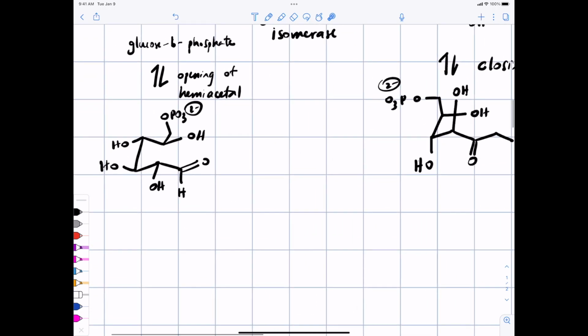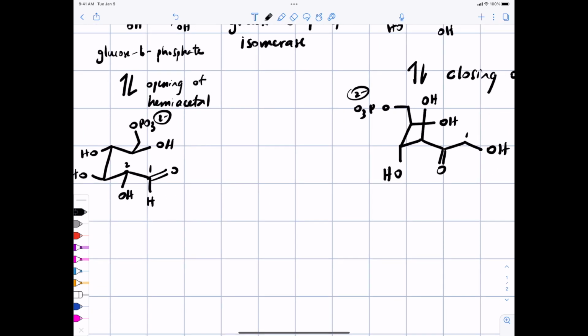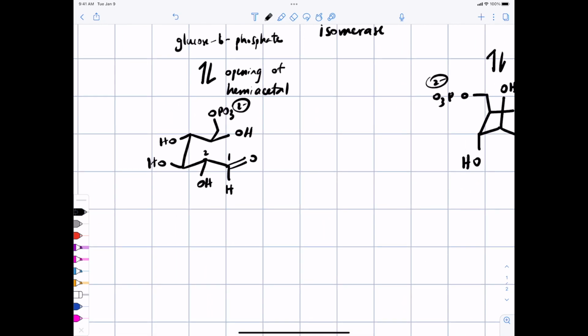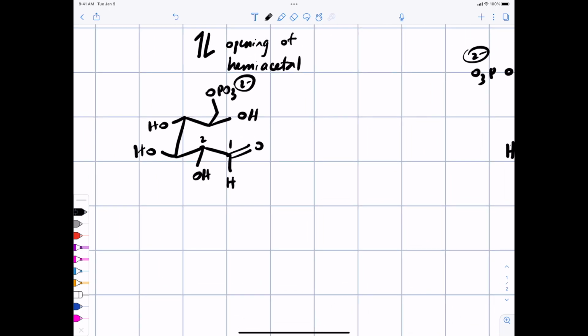Now, how are we going to get from having an aldehyde on carbon 1 and an OH group on carbon 2 to having an OH group on carbon 1 and a ketone on carbon 2? Tautomer, okay. So what's the tautomer of an aldehyde? We got a word for it.